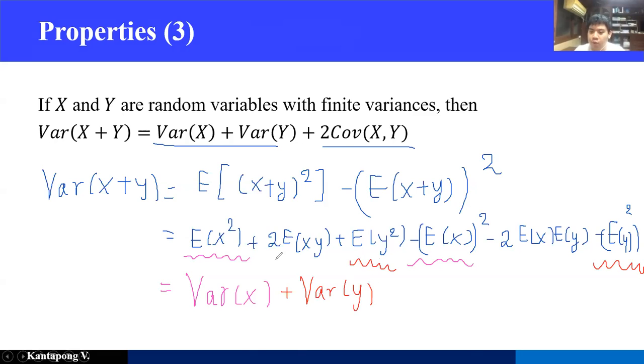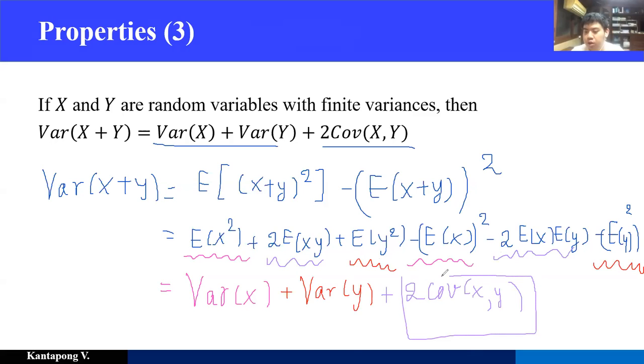And we have the leftover term, plus 2 covariance of x and y. So if we are not sure that they are related or not, we can distribute the variance, but we must not forget this term. Do not forget this term.